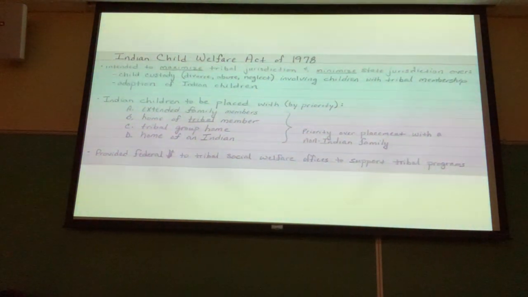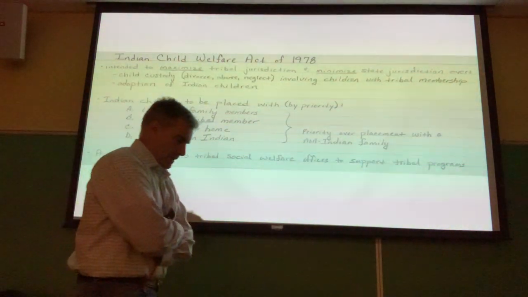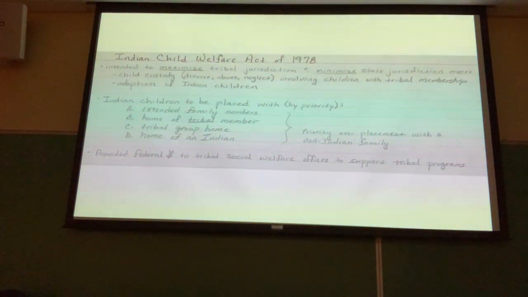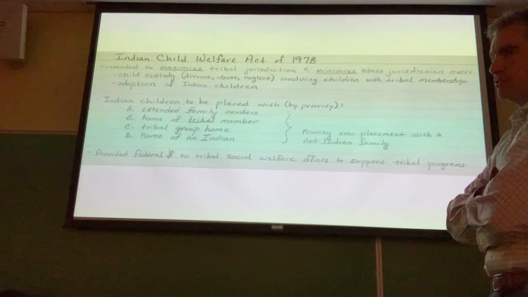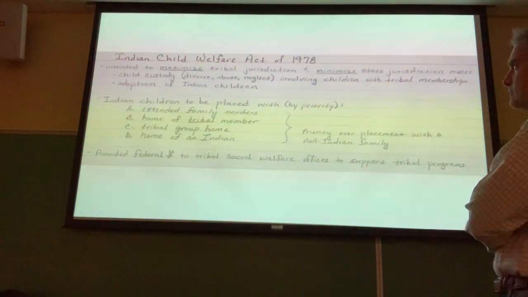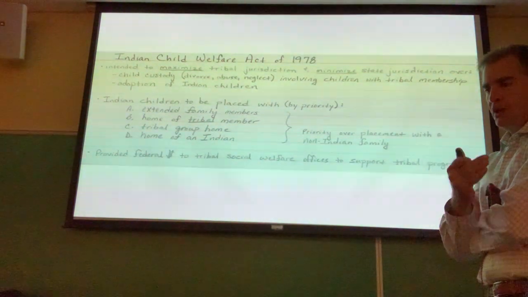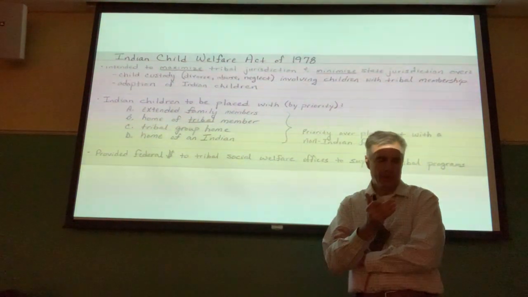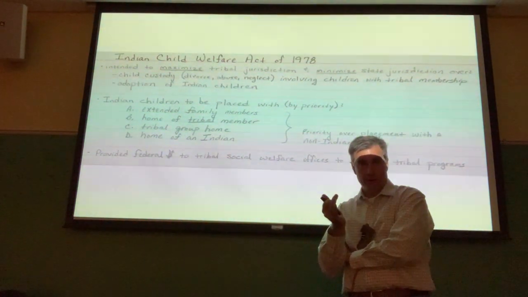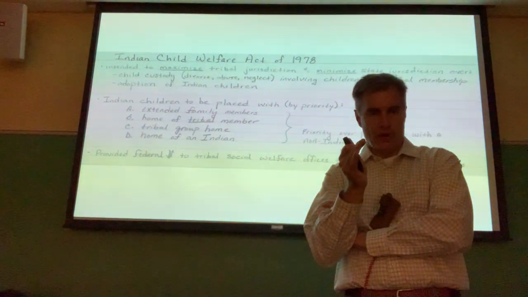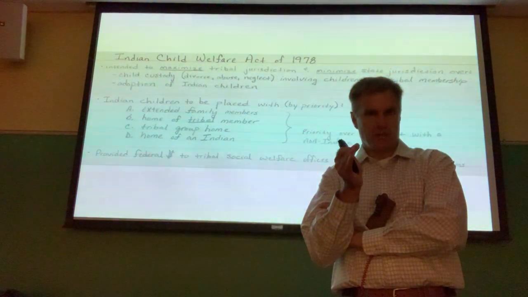In 1978, not too long after the 1975 Self-Determination and Education Act, this one came up, the Indian Child Welfare Act, 1978. This was strange, but what happened in the 1960s and 1970s, maybe the 1950s, is there was a tendency for American Indian children to be placed into adoption, particularly American Indian children born in reservation poverty during the 60s.